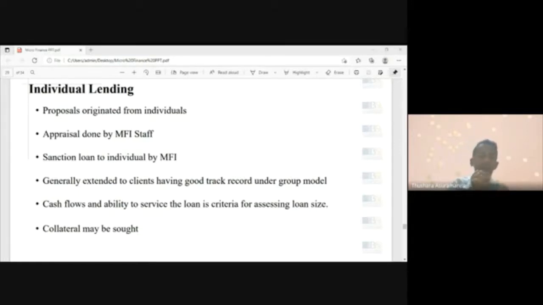So here we have discussed 4 methods: self-help, joint liability, Grameen, and individual lending. But when you refer to my notes or the past papers, or some detail on microfinancing, you can see there are many other models also possible.